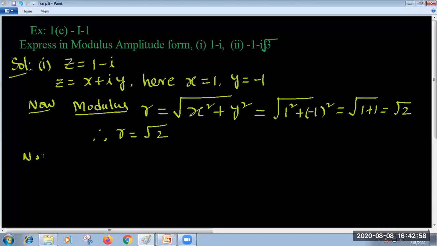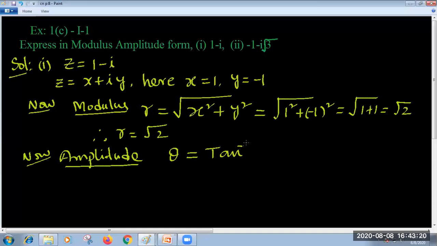Now let us find the amplitude of this complex number. Amplitude is the angle. To find amplitude, theta is equal to tan inverse y by x.